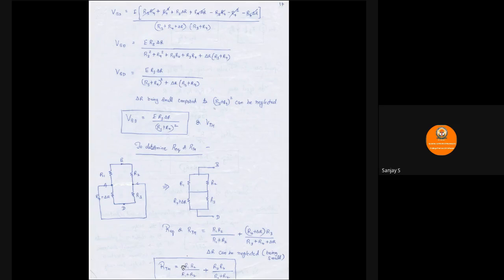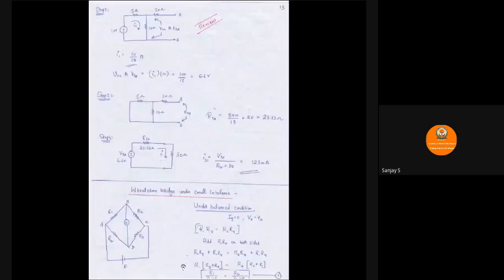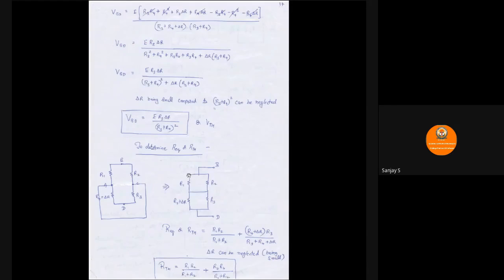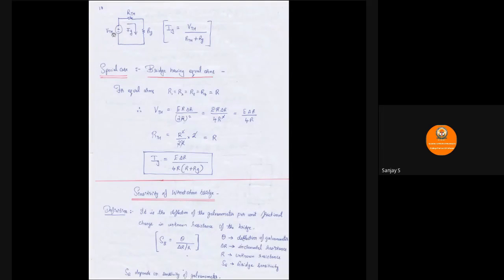Now, as per step number 4, replace the entire network by this VTH in series with ZTH or RTH. Now you can see I have just written VTH and RTH, and I have the galvanometer over here.